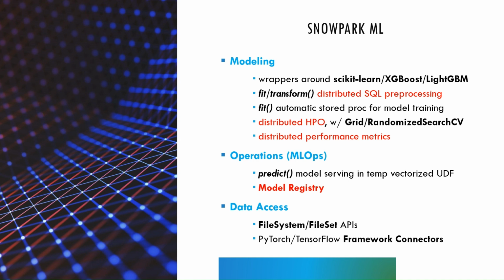They provided distributed SQL preprocessing for transformers. Transformers are scikit-learn classes like one-hot encoder, label encoder, normalizers or scalers, providing both these methods, fit and transform, because they may change data.